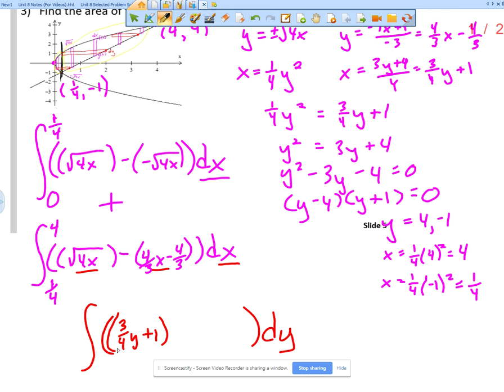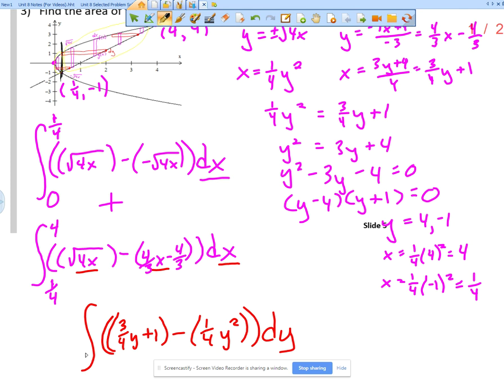Remember, it has to be with variables of y, so it has to be the x equals version, minus the lower boundary. Now the lower boundary is this parabola, and in the x equals version, the parabola is 1/4 y squared. And so I have the upper boundary minus the lower boundary, and in this case, those extra parentheses don't really do anything, but I'm going to leave them anyway.